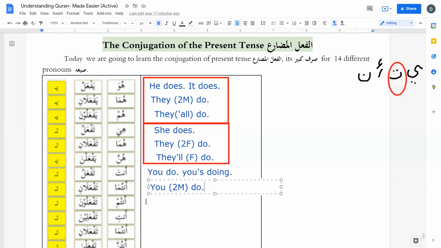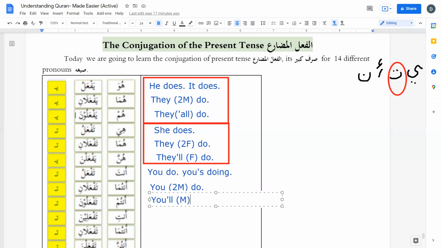And then antum is the plural form of you, right? Antum is for males. You all means males. Antum taf'aluna: when three or more males do something and they are not there, then it is yaf'aluna.